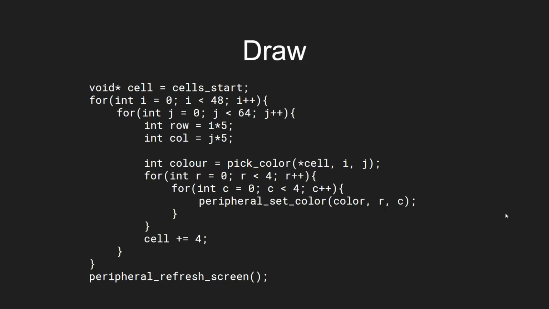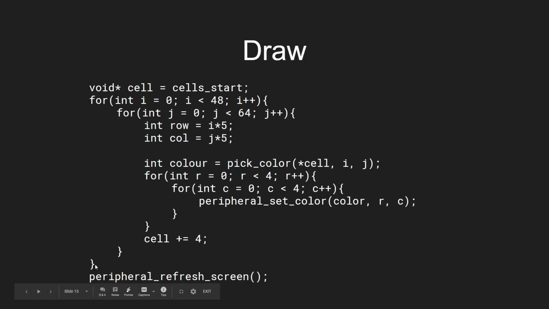Later, after the initialization function is finished, we will draw what is in the scene. So it will just look up all the cells from their starting position. Cell start is just a number, which we use as a constant in our code, and it will have two for loops.